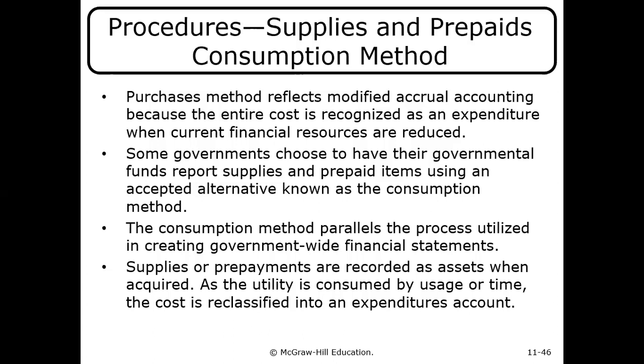And it's just like accrual accounting. Supplies or prepayments are recorded as assets until consumed. So as you use the asset up or time passes, it's reclassified to the expenditure account. So you have a choice there on how you would like to do the accounting for supplies and prepaid items. Modified accrual, or basically the accrual.